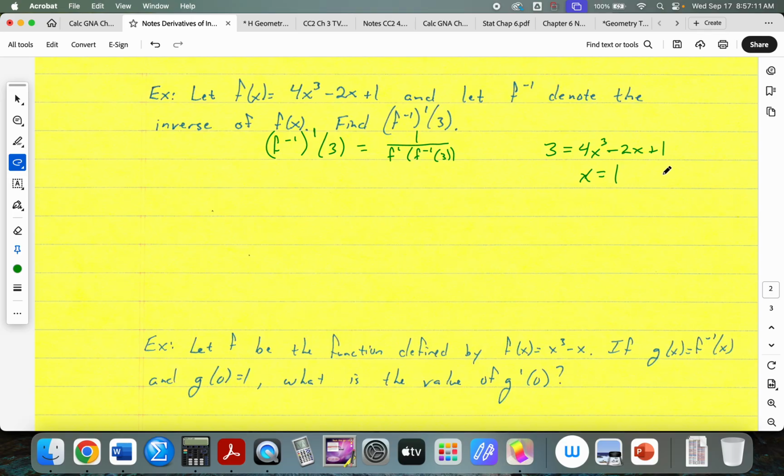So since f of 1 is equal to 3, f inverse of 3 is equal to 1. So this is going to be 1 over f prime at 1.